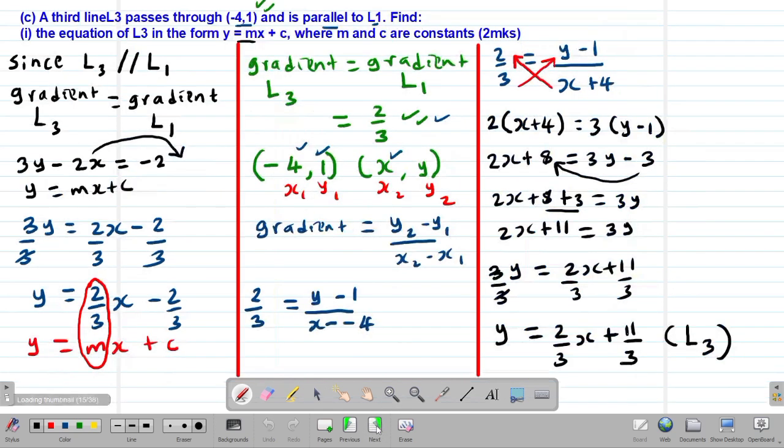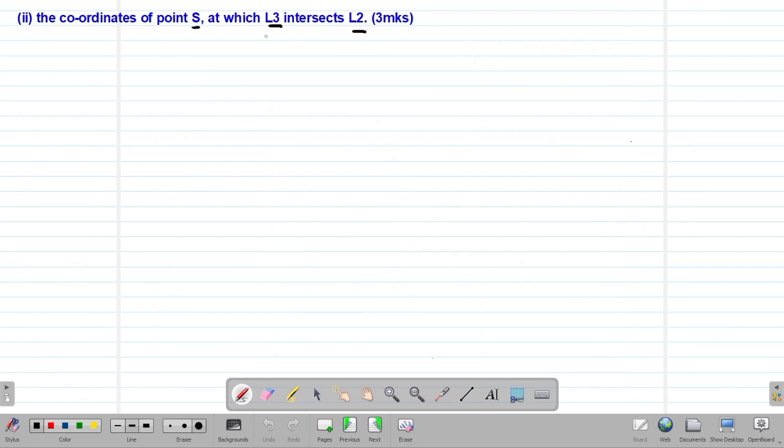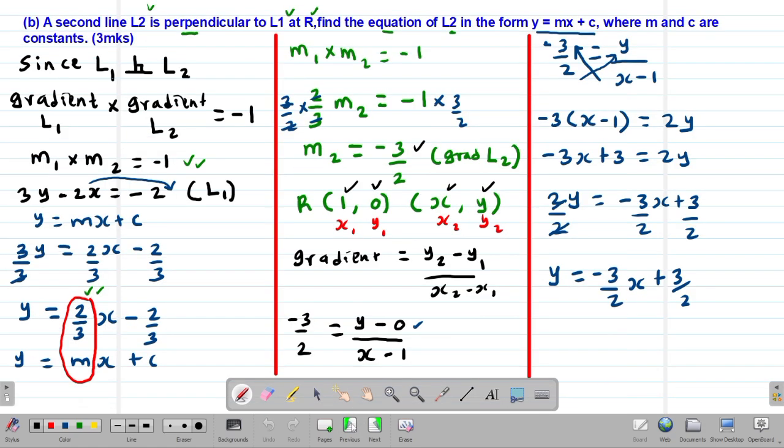So I'll simply use the equation for L2 and the equation for L3. The equation for L2 was the following. We had already computed it in part B of the question, where we were told to find the equation for L2.